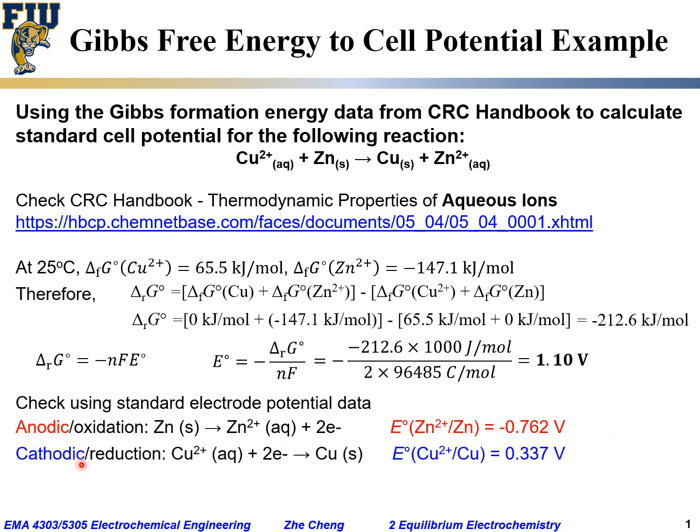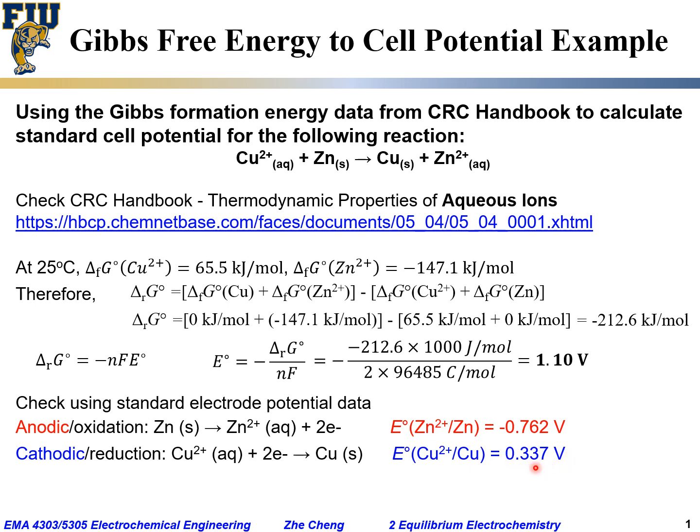While for the cathodic or reduction half cell, it will be copper 2 plus combining with electrons from the zinc to form copper metal, and the standard electrode potential for this copper 2 plus copper redox pair would be positive 0.337 volt.